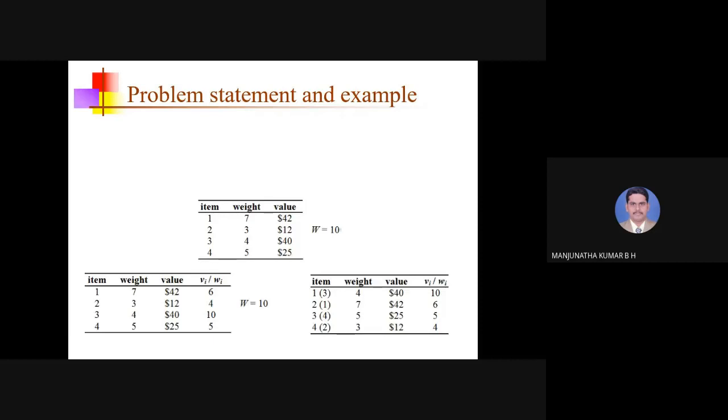And the last one is 4, the second item. Now see the third table. Here I have arranged all the items in the descending order of their profit weight ratio: 10, 6, 5, 4. 10 means the third item. In brackets I have written the original number of that item, 3. Before that bracket, we have written the serial number: 1, 2, 3, 4 like this.